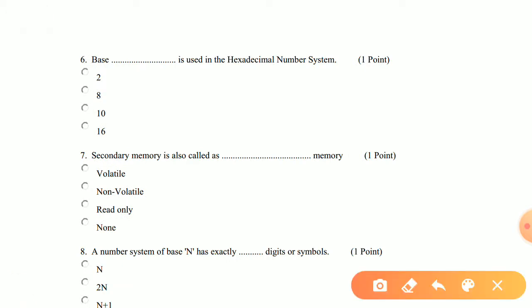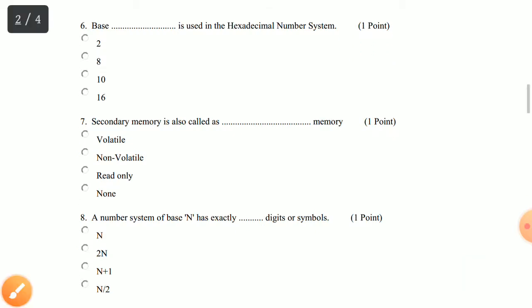We discussed it in the previous question: for hexadecimal we use base 16. Moving forward, the seventh question: secondary memory is also called dash memory. The answer is non-volatile.